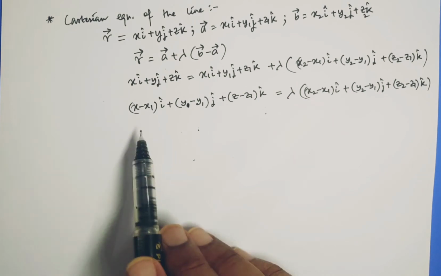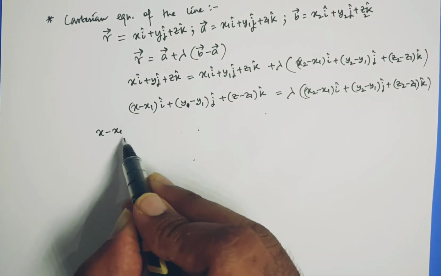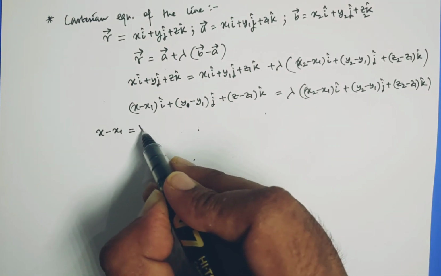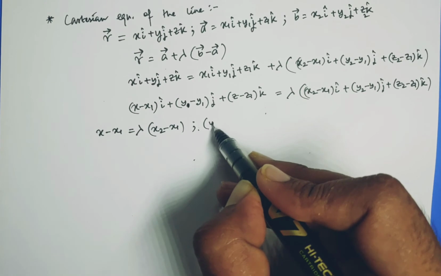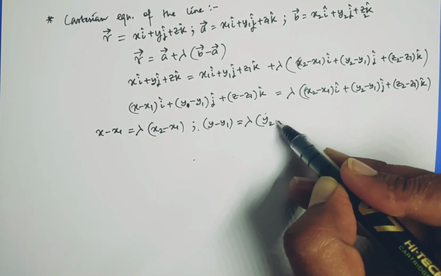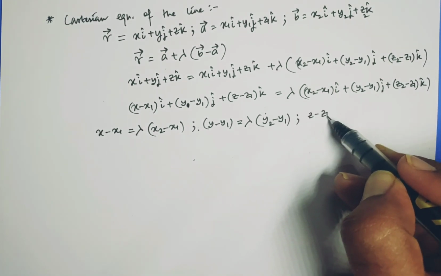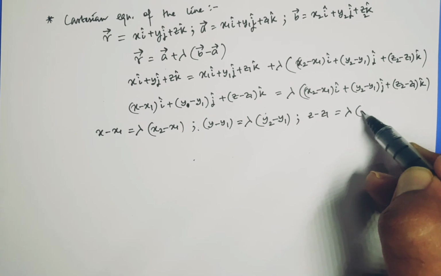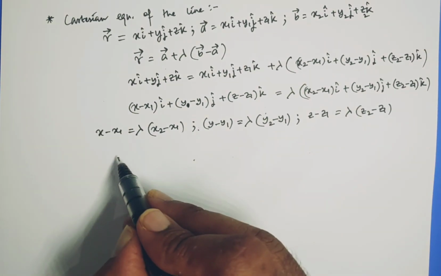Okay, now equating the corresponding components, what do we get? x minus x1 is equal to lambda times (x2 minus x1), then y minus y1 is equal to lambda times (y2 minus y1), then z minus z1 is equal to lambda times (z2 minus z1). Right? Now let's equate the lambdas.